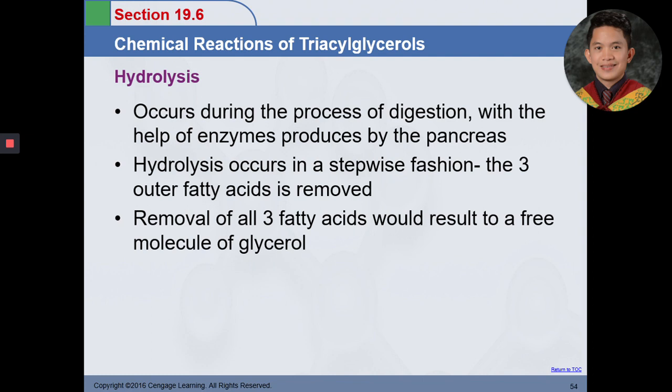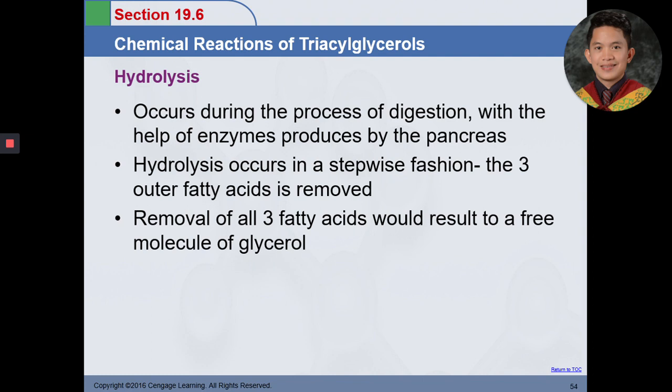Remember, hydrolysis is where we remove one component from the other, meaning we remove the fatty acid component from the glycerol molecule. Removal of all three fatty acids would result in a free molecule of glycerol.